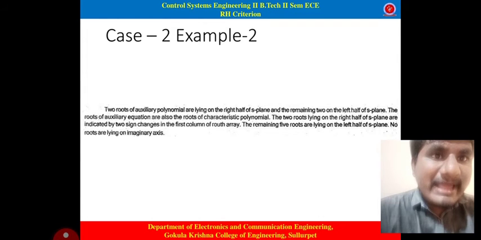The roots of the auxiliary equation are also the roots of the characteristic equation. So the two roots lying on the right half of the s plane are indicated by two sign changes in the first column. The remaining 5 roots are on the left.